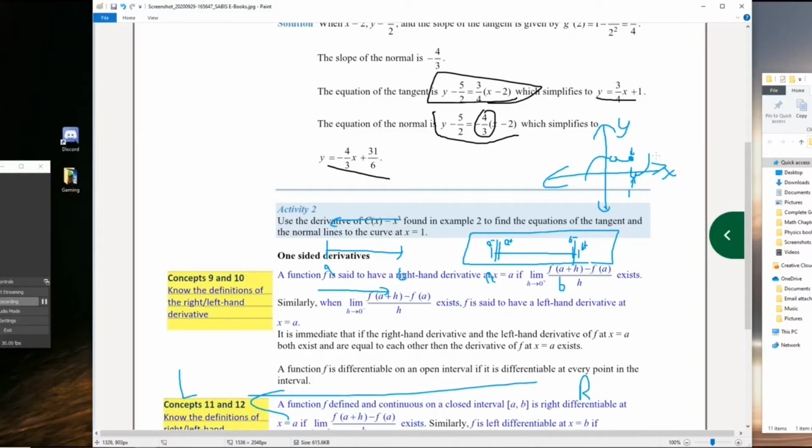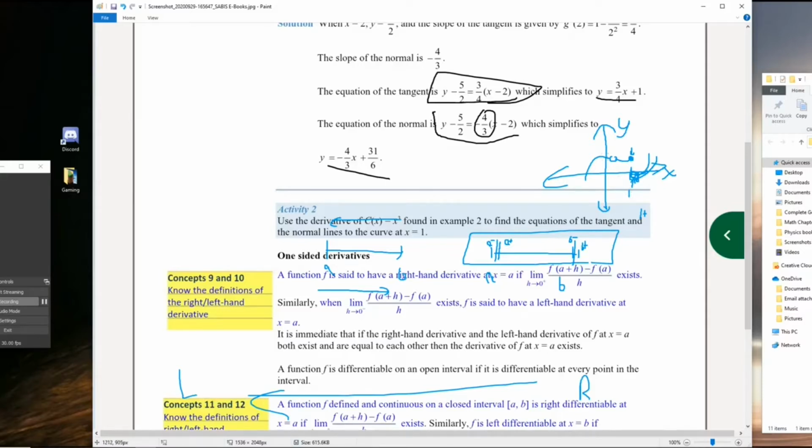Right hand differentiable is going from right to left, right? Right hand differentiable is 1 plus in this case, because you were taking 1, so 1 plus. 1 plus means right in front of it, as you approach towards it. But this value does not exist. It's not defined. So because it's not defined, it's not right differentiable.